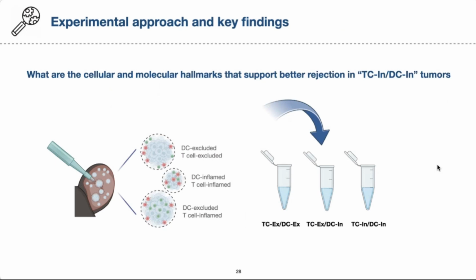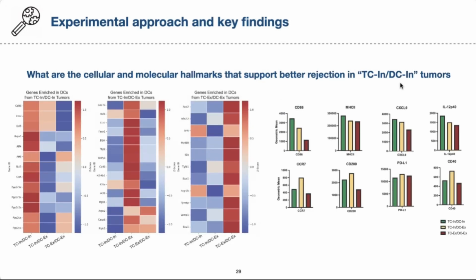So to better understand what are the cellular and molecular hallmarks that support better rejection in these T cell infiltrated, dendritic cell infiltrated tumors, we sorted cells from pooled tumor biopsies for flow cytometry and RNA sequencing. And so looking at the genes that are enriched in dendritic cells with each of these different immunotypes, we found that cDC1s sorted from doubly inflamed tumors expressed high levels of costimulatory molecules like CD86 and ICOS ligand.